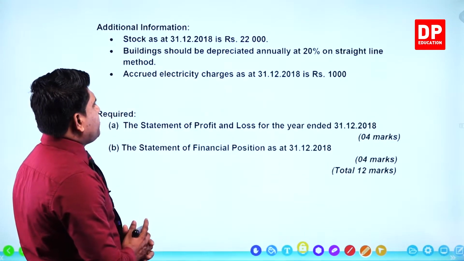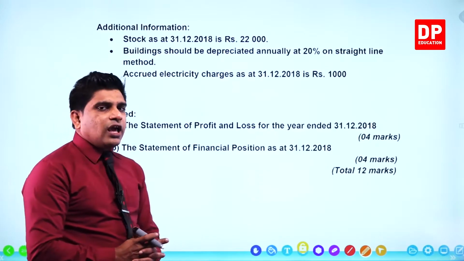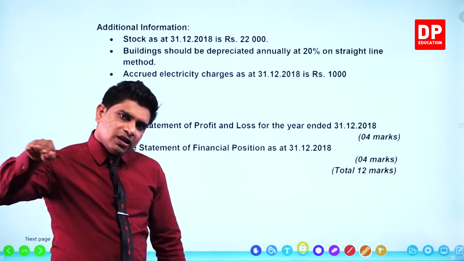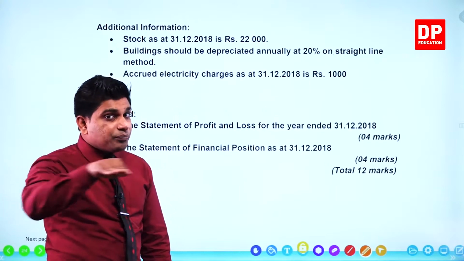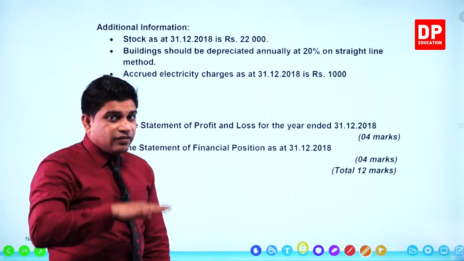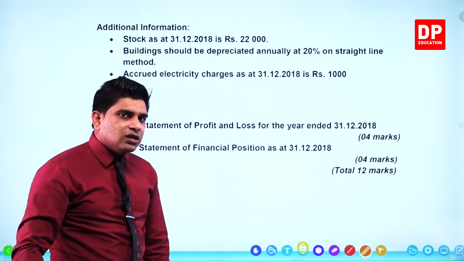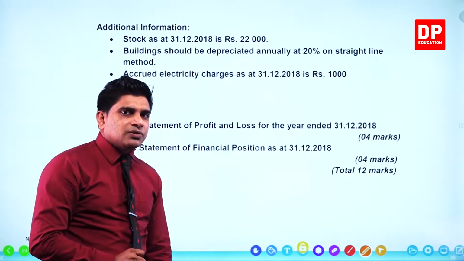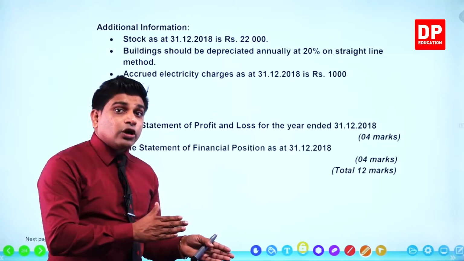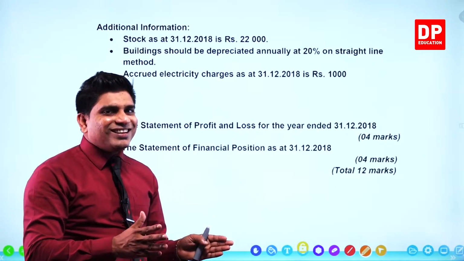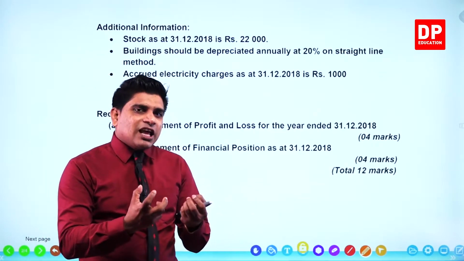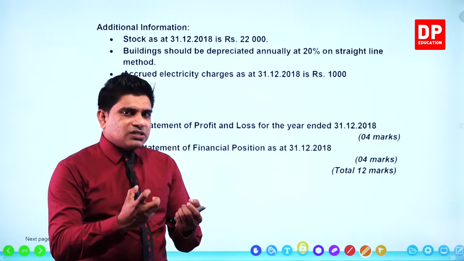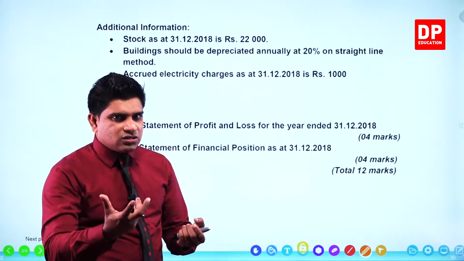Then the building should be depreciated annually at 20% on the straight line method. Every year we give the same amount of depreciation for the relevant property. This method is called the straight line method. You calculate the same percentage on cost.